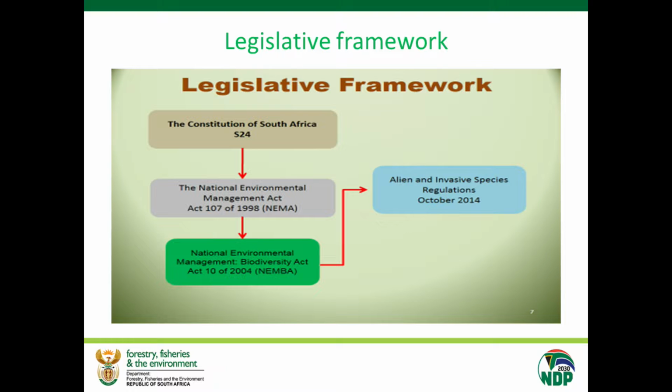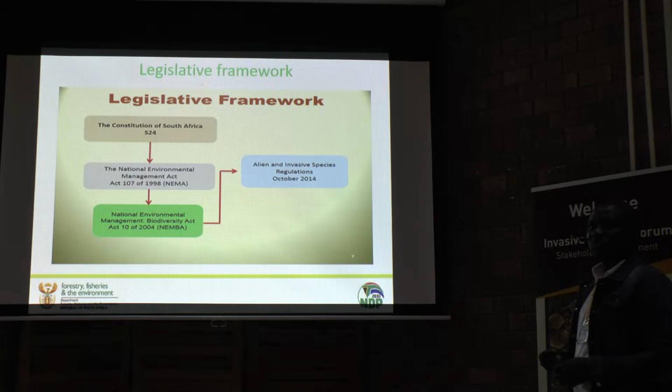Then from NEMA, there is the National Environmental Management Biodiversity Act. This one deals with plants and animals. We do have the Pollution Act, it's under NEMA. We've got so many acts under NEMA.